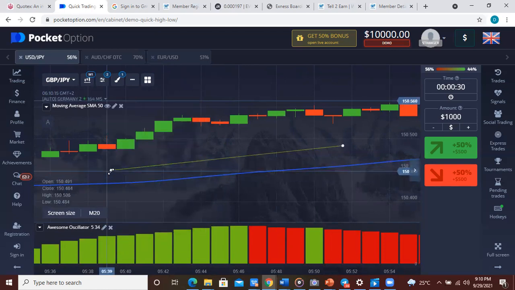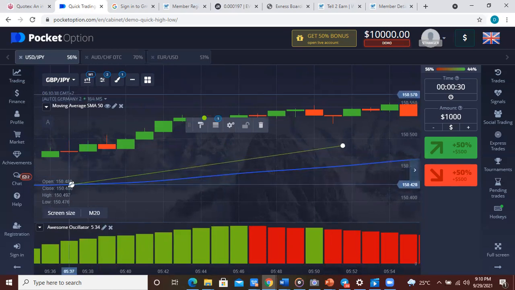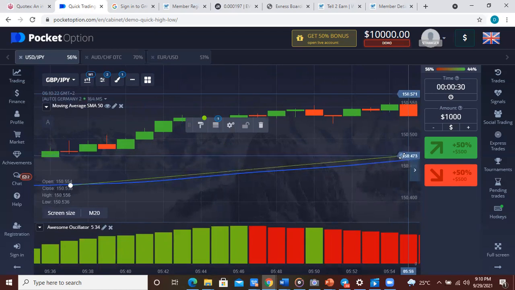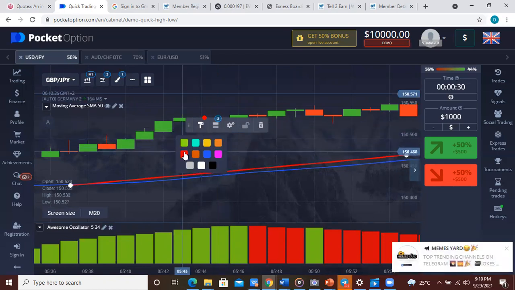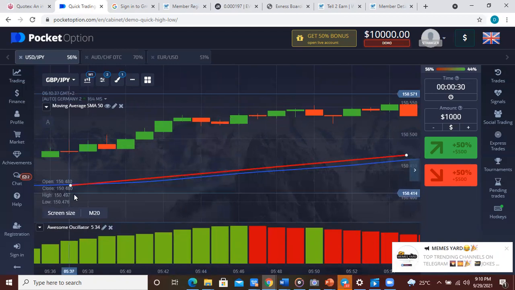Now, if we want to use our trend lines, you realize that we are not having a straight line. We are having it from the bottom to the top. Let me increase it so that you can see it very clearly. See the red line from here.